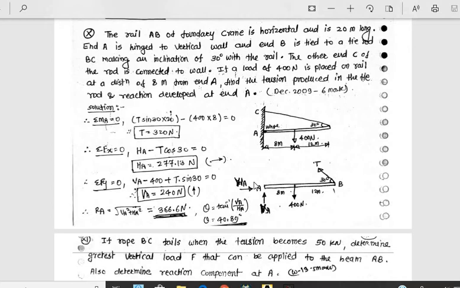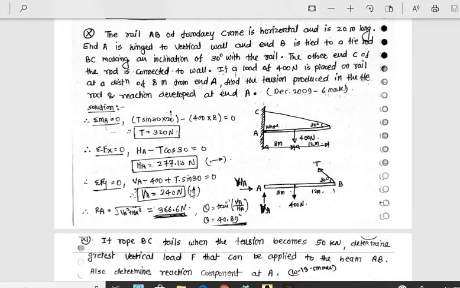The other end C of the rod is connected to the wall. If a load of 400 Newton is placed on the rail at a distance of 8 meter from end A, find the tension produced in the tie rod and the reaction developed at end A.